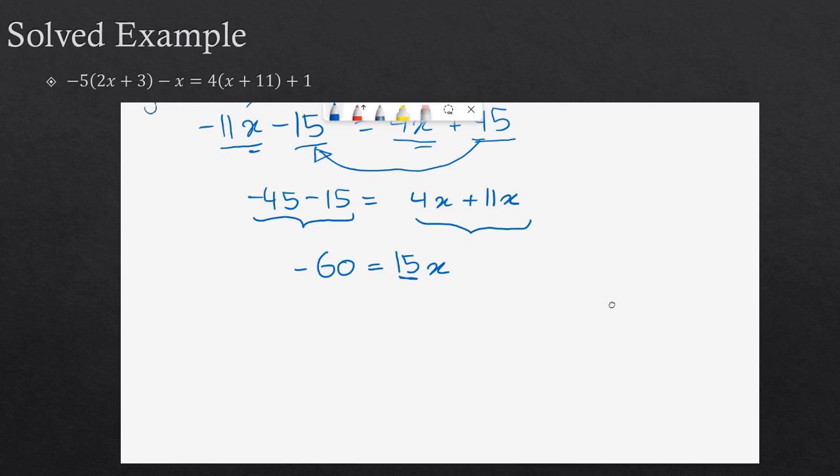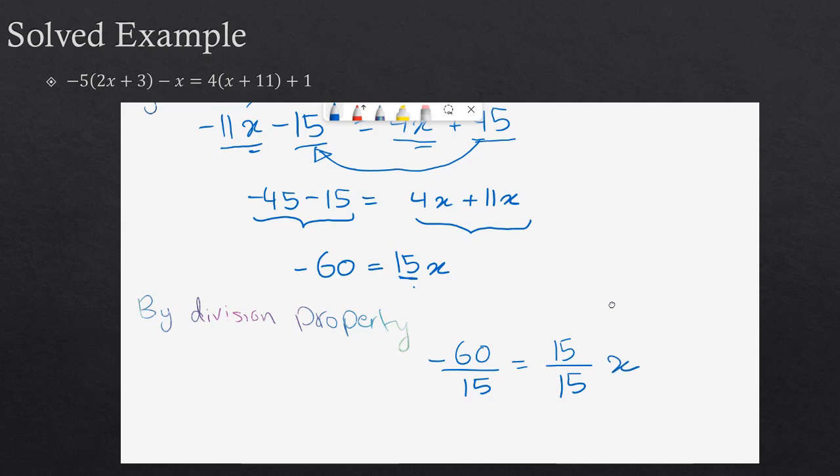Okay, what we will do, we will use the division property. By division property. Okay, what is division property? We just divide by 15 for both sides. So we write minus 60 over 15 equal to 15 over 15 multiplied by x.